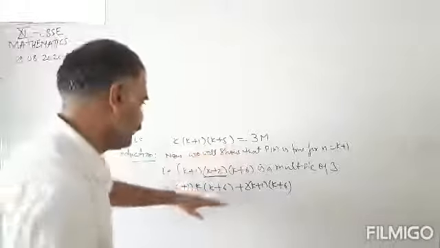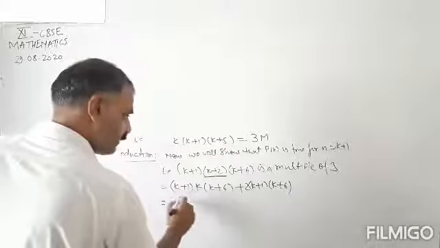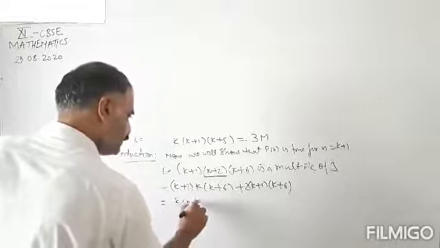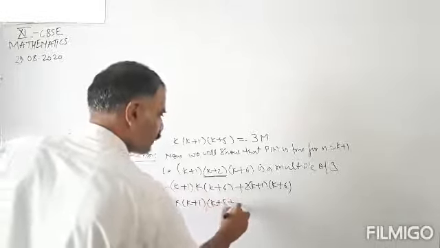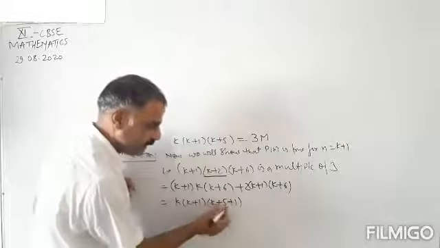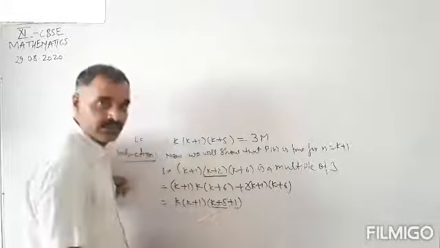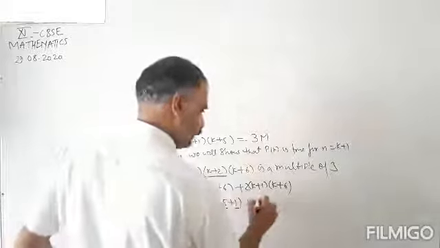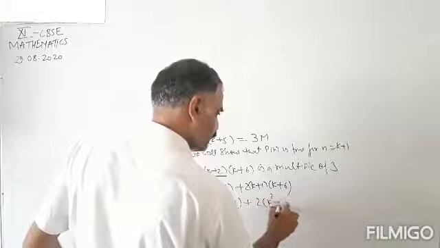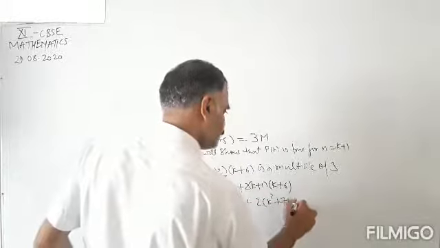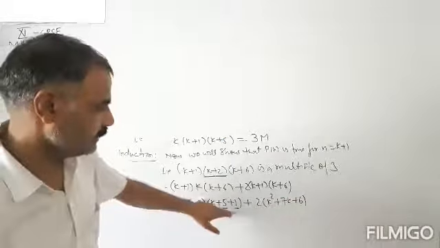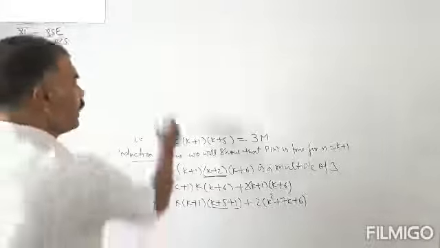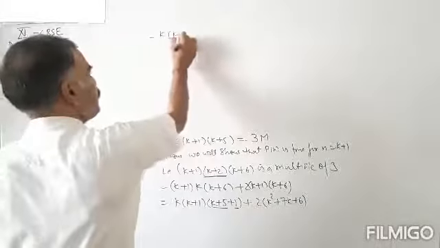So here in this step, k(k plus 1)(k plus 6) can be written as k(k plus 1)(k plus 5 plus 1), since k plus 6 can be written as k plus 5 plus 1, plus 2 multiplying this, k square plus 7k plus 6.